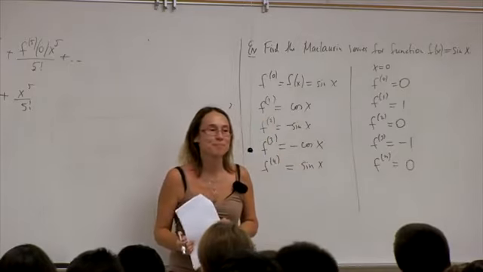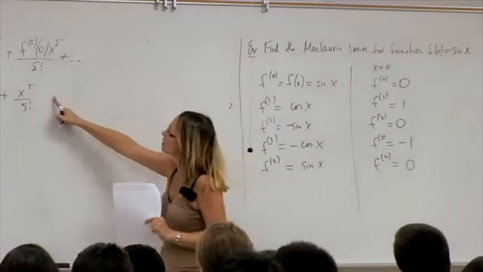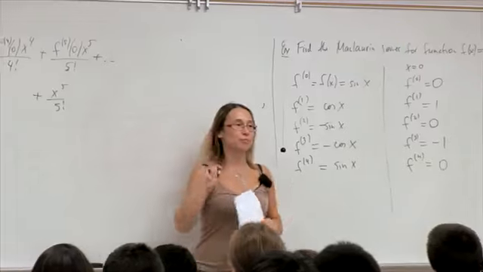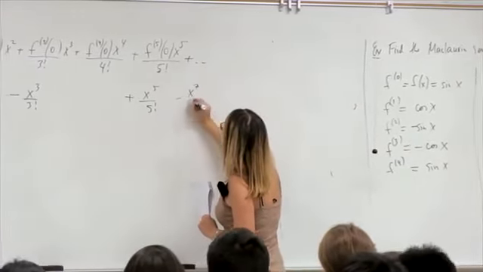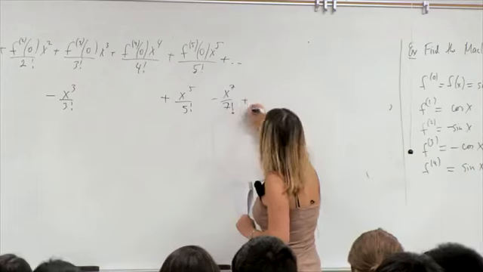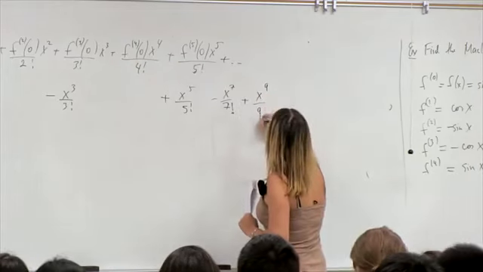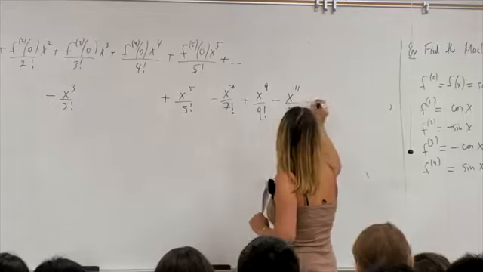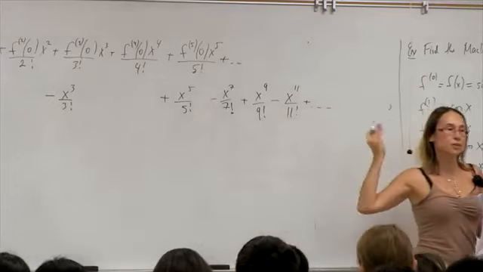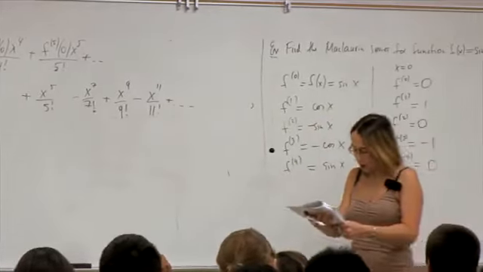What's the next non-zero term? Yes, absolutely. Plus x to the 7 factorial, plus x to the 9 factorial, minus x to the 11 factorial, and so on, right? You can see a beautiful pattern here too.